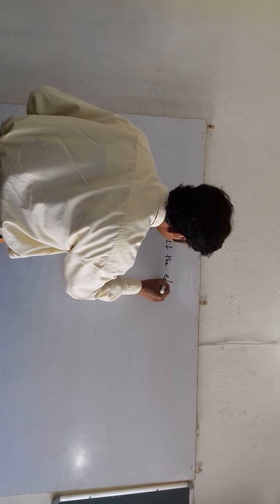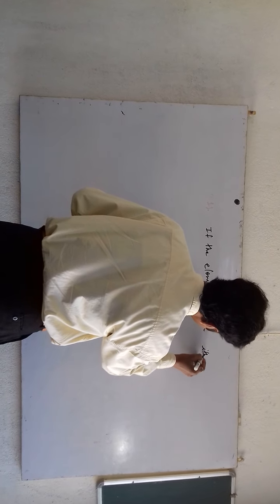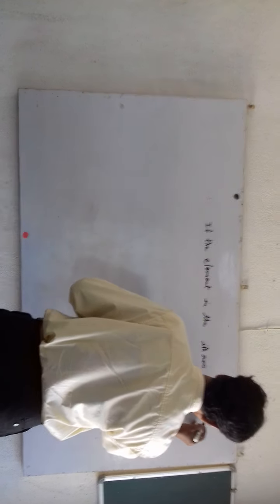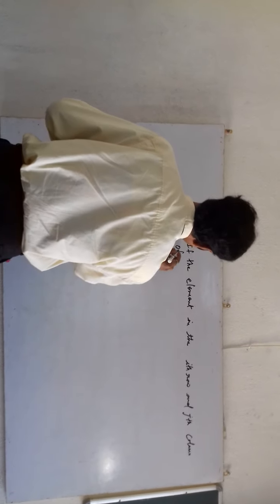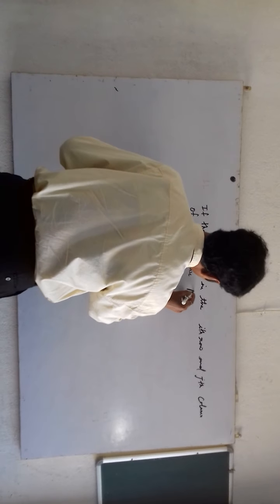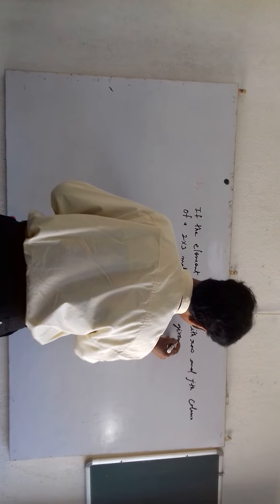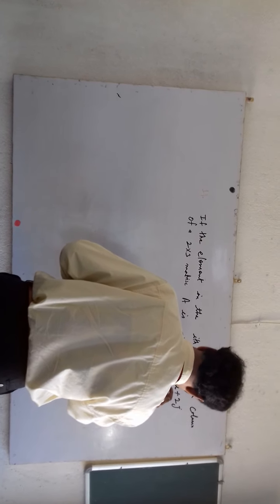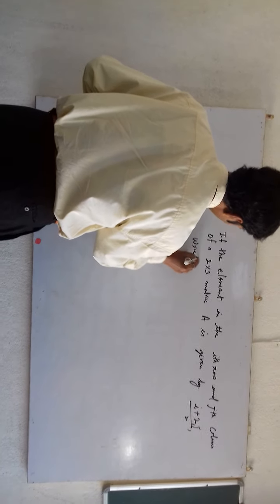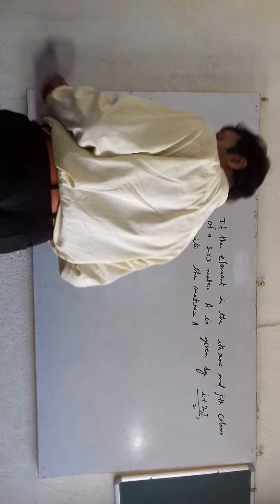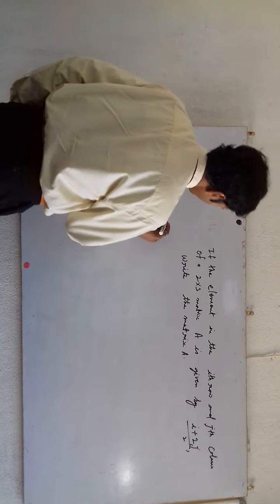If the element in the ith row and jth column of a 2 into 3 matrix A is given by (i plus 2j) upon 2, write the matrix A. Let's solve it.